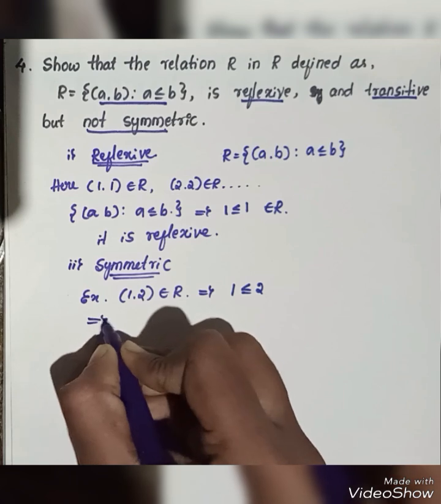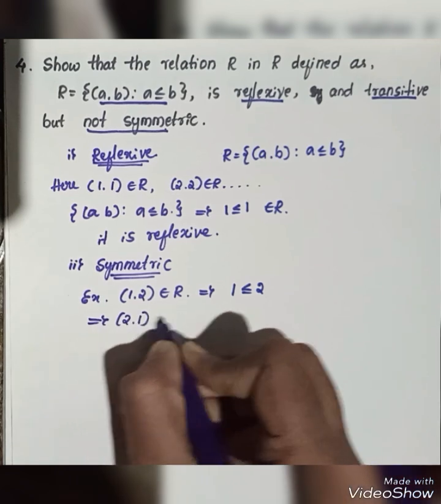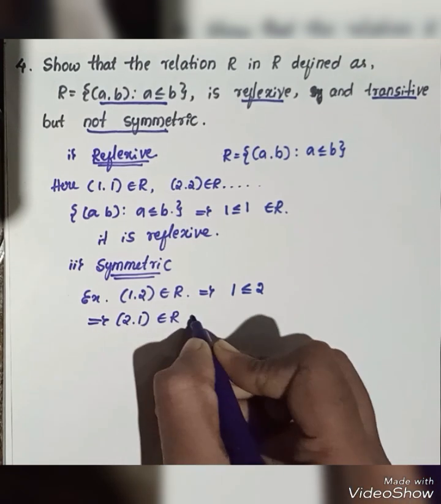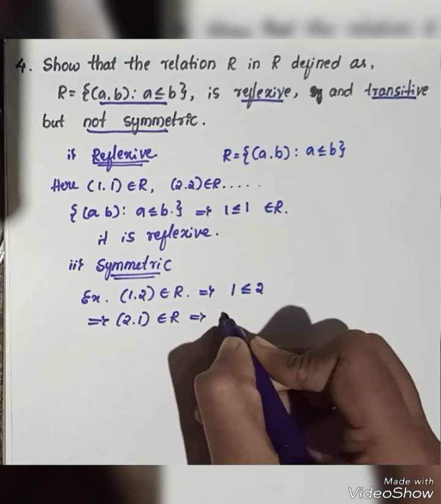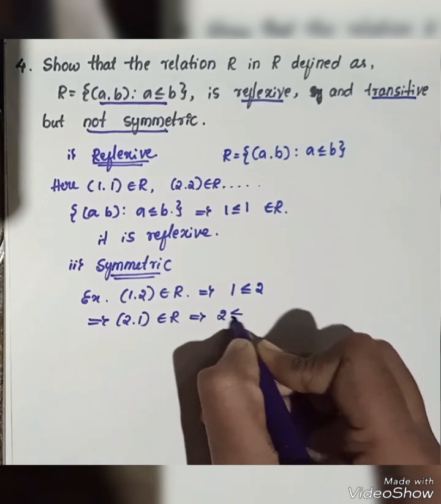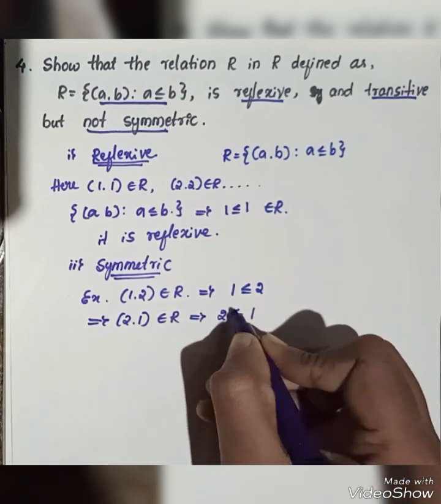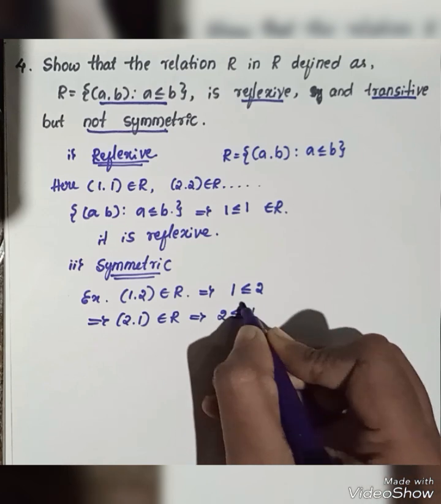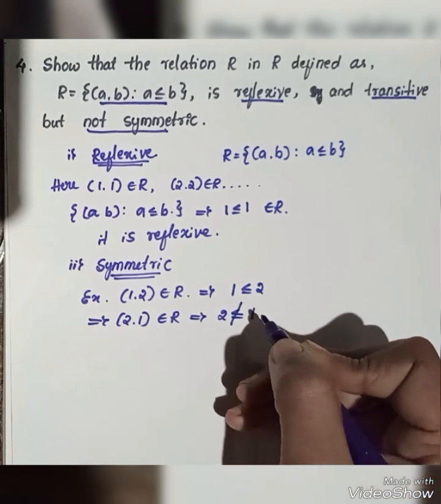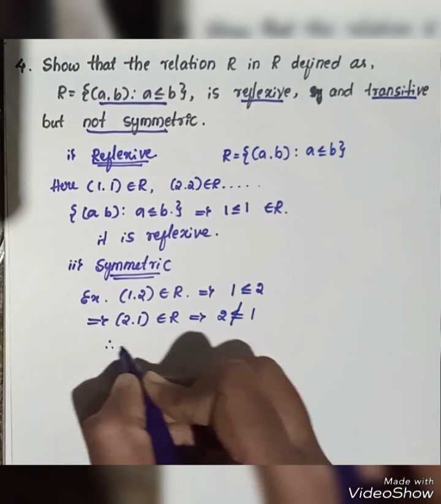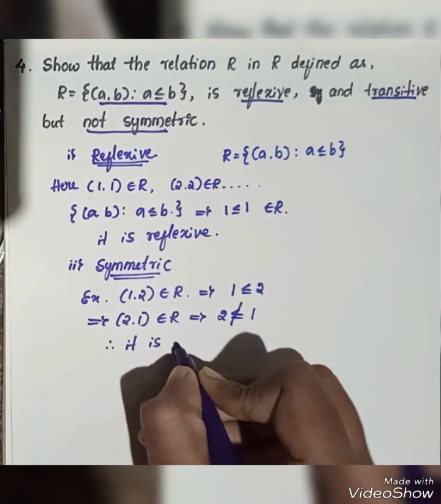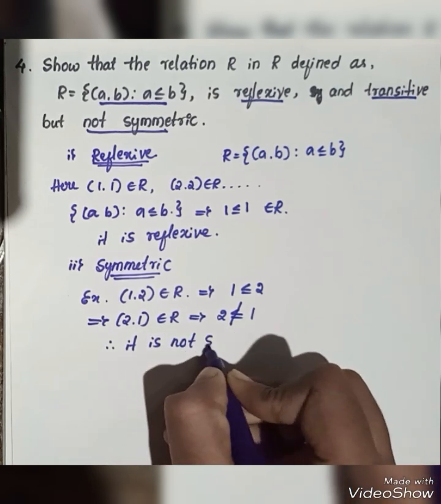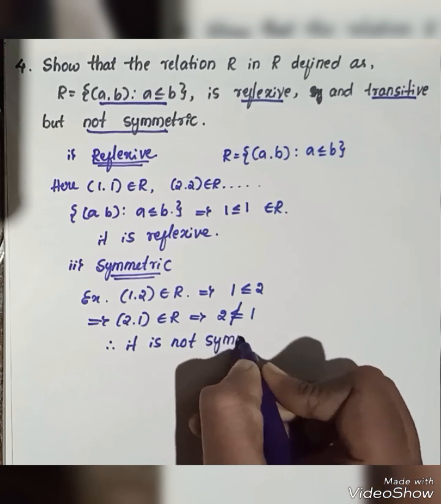That implies (2, 1) should belong to R, that is 2 is less than or equal to 1. But 2 is always larger than 1. Hence the condition is not satisfied. Therefore, it is not symmetric.